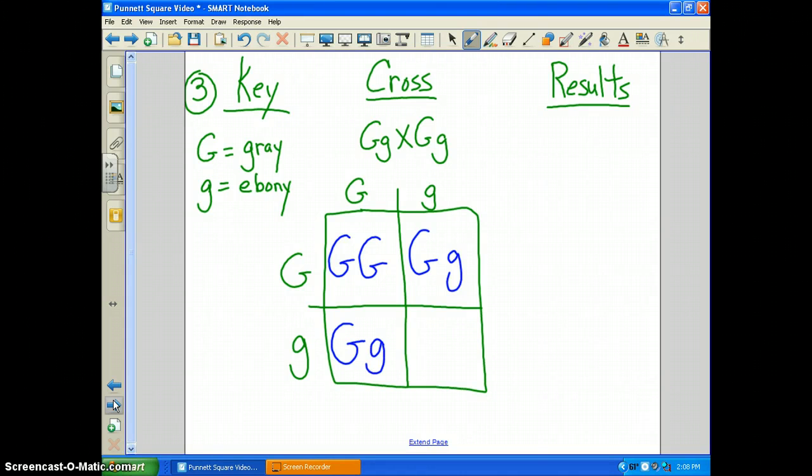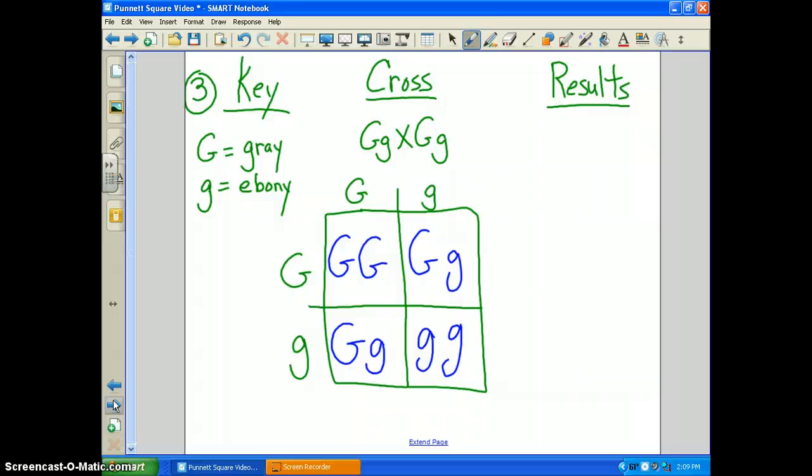Right, a lowercase g. Tavon, if I cross lowercase g with a lowercase g, what will I get? Lowercase g and lowercase g. Excellent. Okay, Sarah, what would be my results? I have 25% gray, because that's the dominant one.